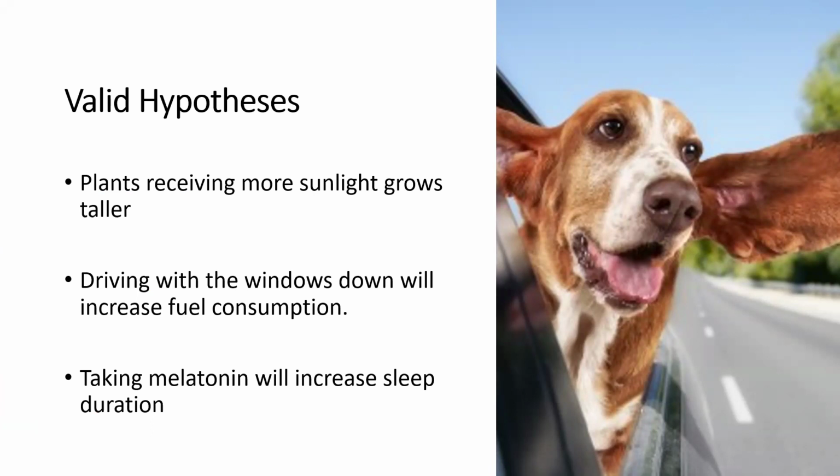What about the windows? Yeah, exactly, right? So like on the test, if I asked you what the independent variable is, don't just put window. You would say the position of the window, right? Like is the window closed or is the window open? Does that make sense? And you can control that, right? Whereas how much fuel you use, that's not something that's in your control.